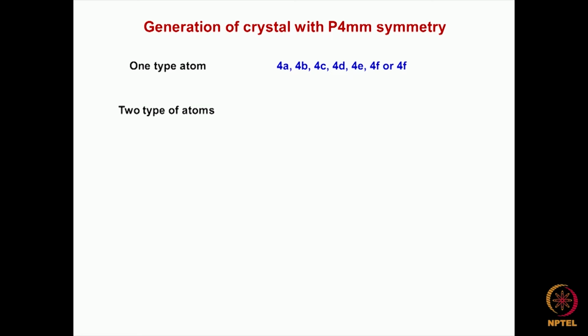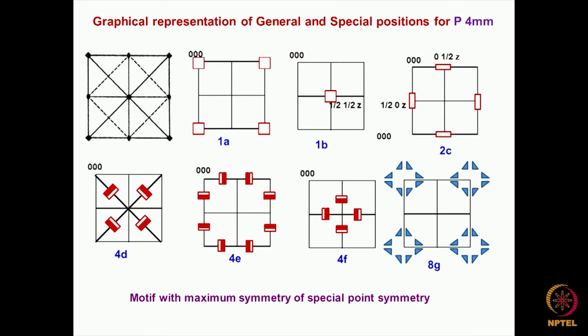Suppose you assume that 2 types of atoms are present, atom A and B, and the stoichiometry is AB. If we fill all the A positions with this particular type of atom, then what option does B have?